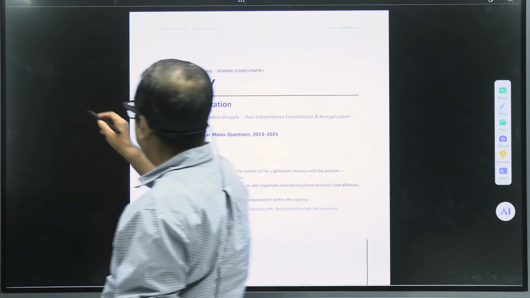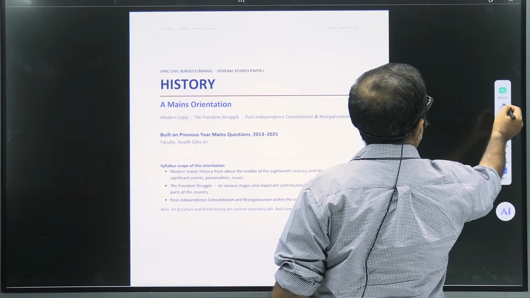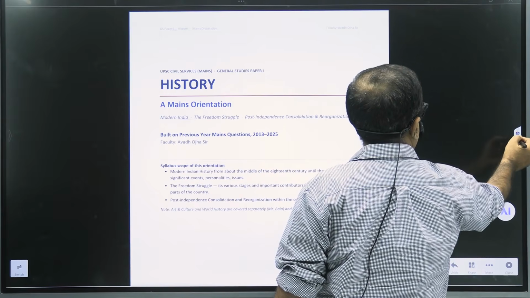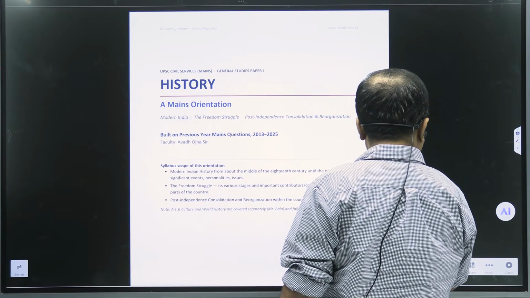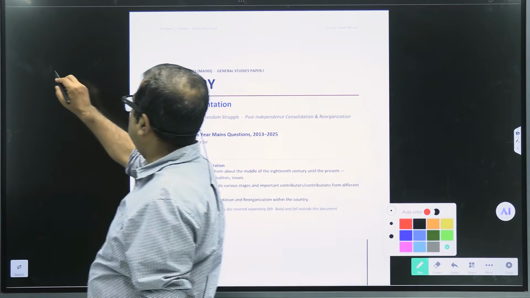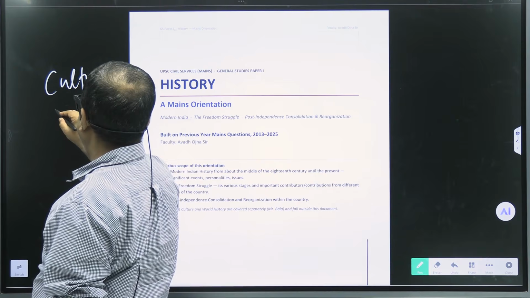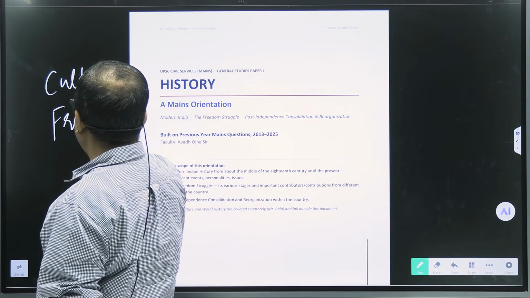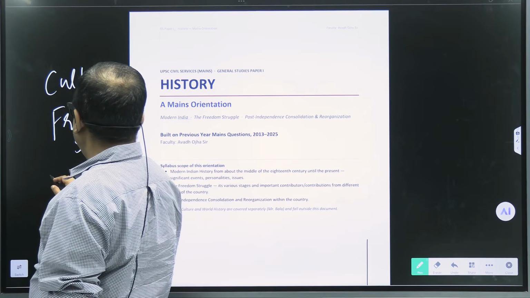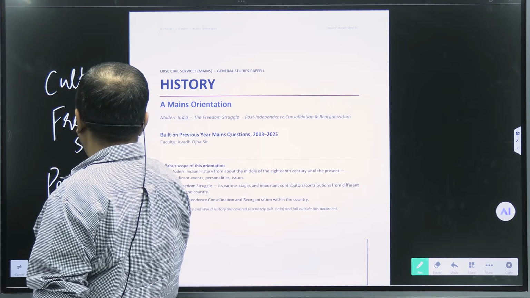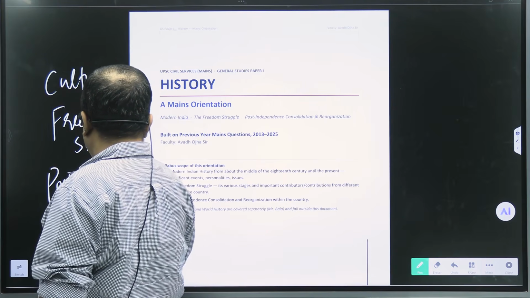So history has basically 4 components: culture of India, modern India, especially the freedom struggle, then post-independence India, and finally modern world history.